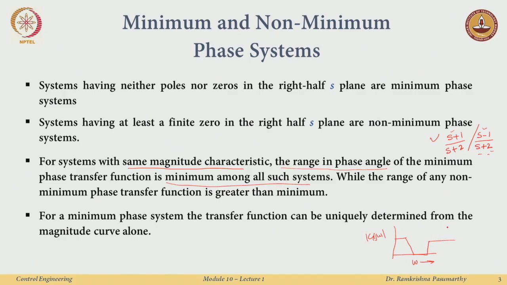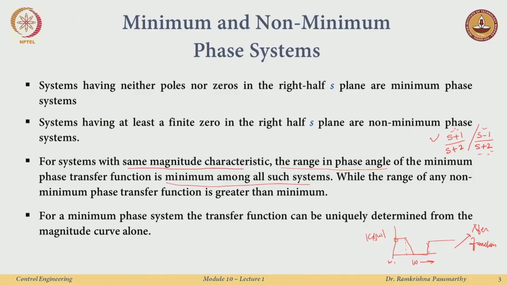What I do is a Bode plot, and with the corner frequencies and the gain at, say, omega equal to 1, I can write down the transfer function. For that I first need to make sure that my system is minimum phase. For a minimum phase system, the transfer function can be uniquely determined from the magnitude curve alone.